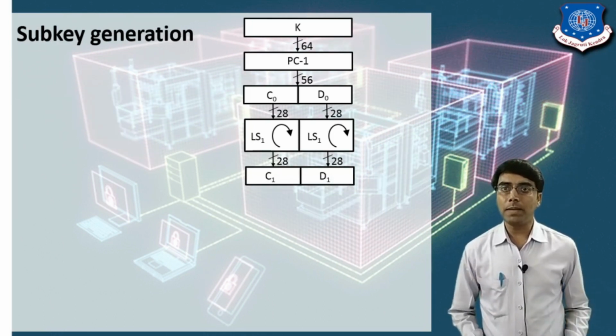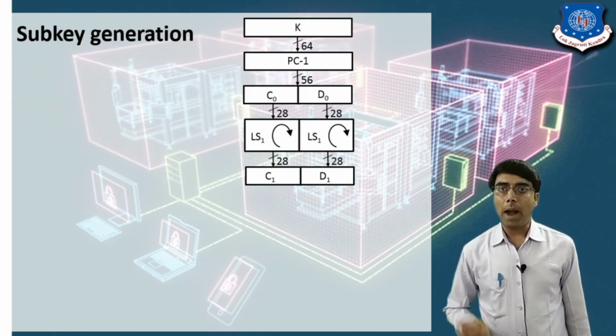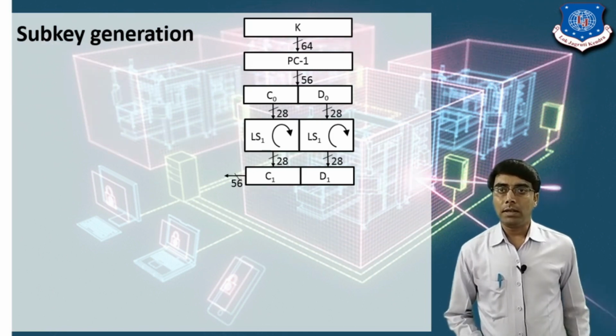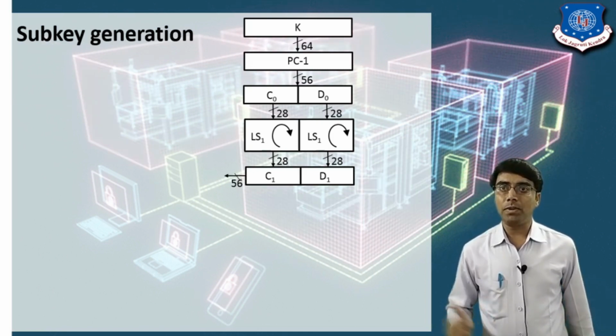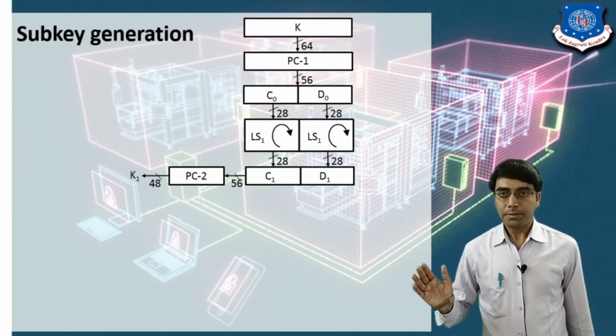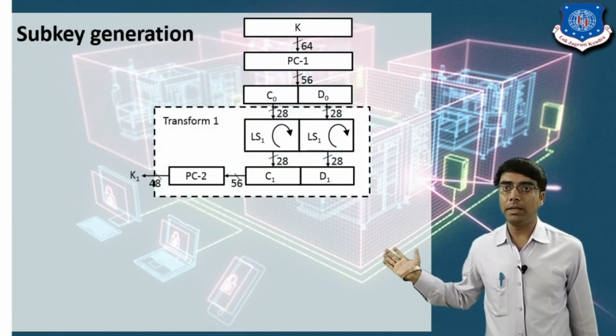Now again we will do the same process. Now we are applying the left shift operation. After that we will get C1 and D1. Now the output of this 56-bit will be given as input to PC2, permuted choice 2. Now after applying the compression, it generates a 48-bit key.